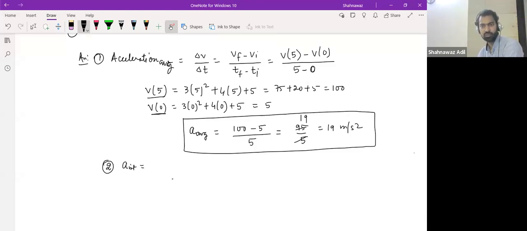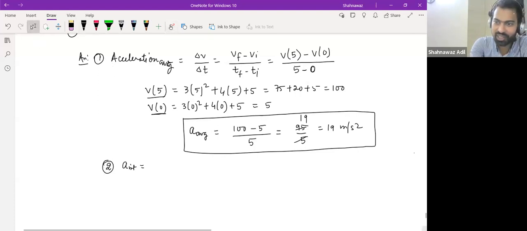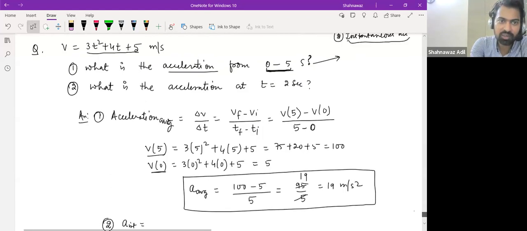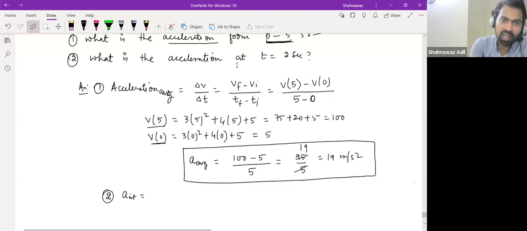Okay, now instantaneous access. In the second question, they ask what is the acceleration at t equals 2 seconds.